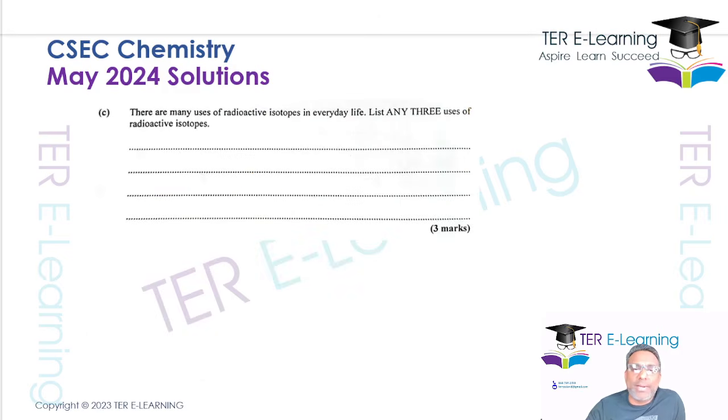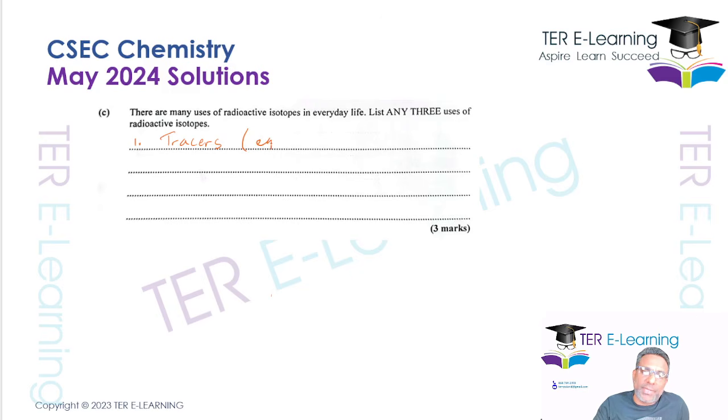Next part, there are many uses of radioactive isotopes in everyday life. List any 3 uses of radioisotopes. Basically, we use them as tracers, and you can give an example.